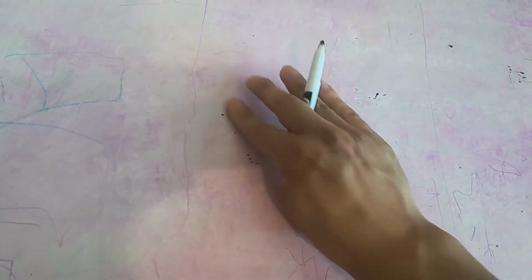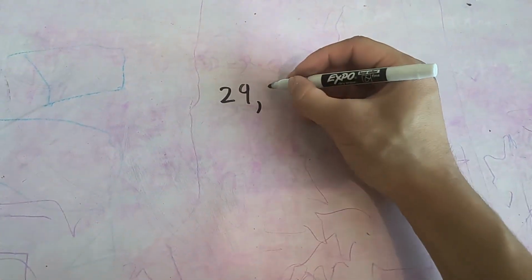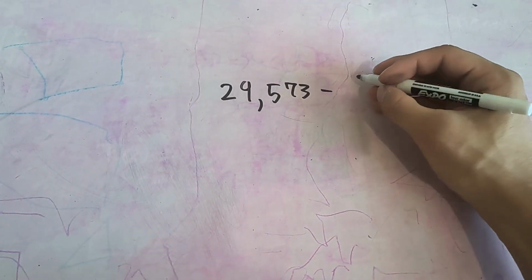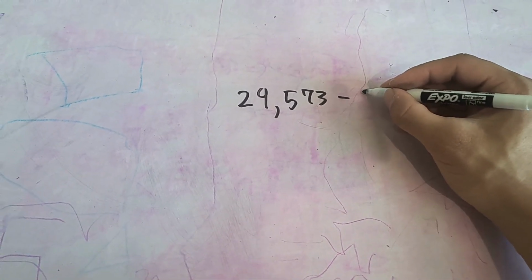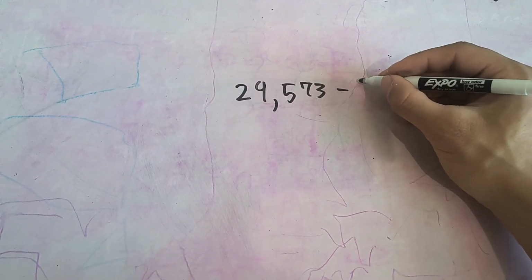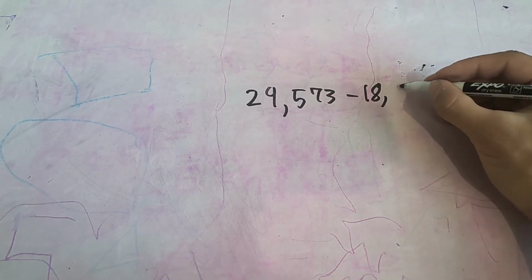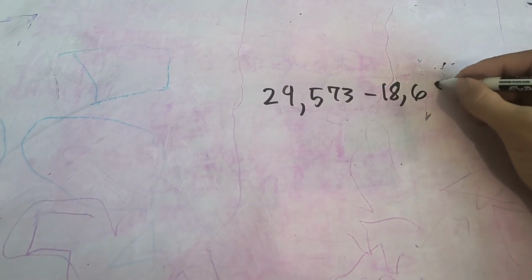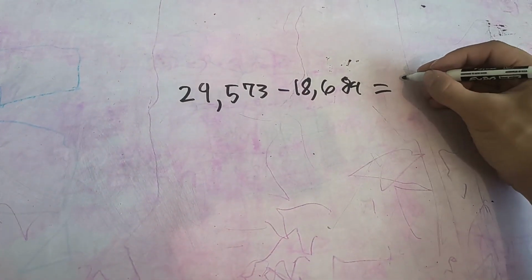Okay, if I were to give you the number, let's say, 29,573 minus, let's think, 18,684. What does that equal?